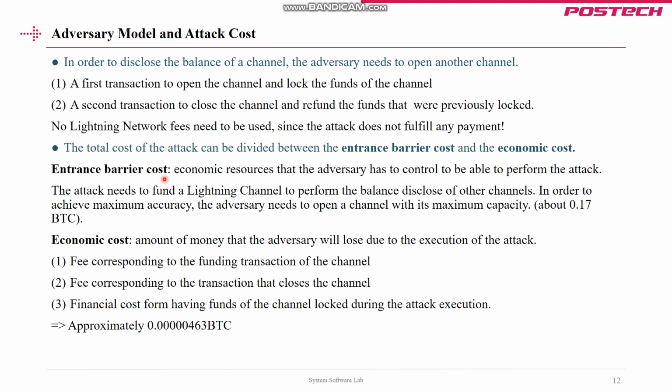The attacker needs to fund a Lightning channel to perform the balance disclosure of the other channels. In order to achieve maximum capacity, the adversary needs to open a channel with its maximum capacity about this value. And what is the economic cost? The economic cost is the amount of money that the adversary will lose due to execution of the attack.